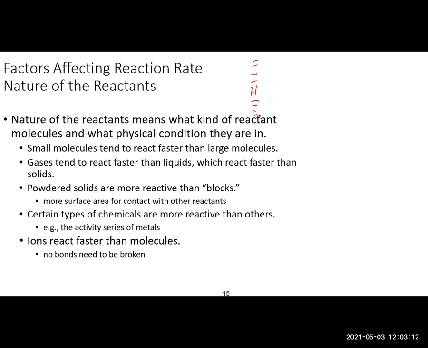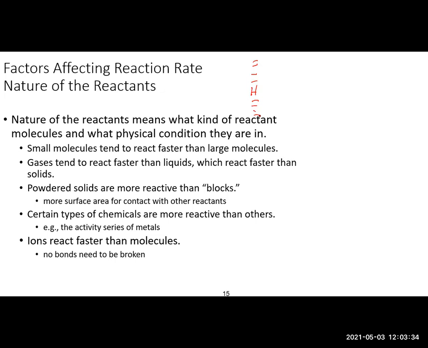Based on reactivity, anybody higher on the list is more reactive than anybody lower on the list, and anybody lower is less reactive. That's like when you do your single replacement reactions where you put zinc in hydrochloric acid. Zinc is more reactive than hydrogen, which is why it replaces it, makes the hydrogen gas that you see, and the reaction does take place.